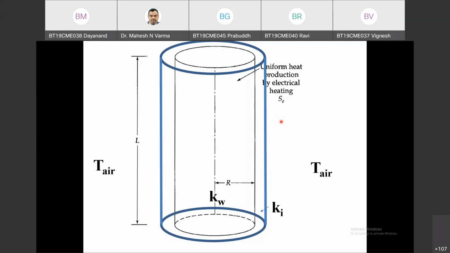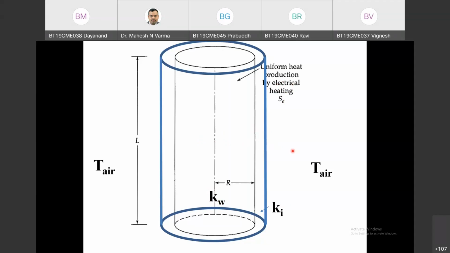Similarly, in heat transfer, if you have two materials having different thermal conductivity, even though this is solid and this is also solid, these are two phases for heat transfer because the thermal conductivity of this material and this material is different. So you need to write a shell balance equation for this phase where there is no heat generation, and a shell balance equation for this phase where there is heat generation. Here heat generation is 0. Here heat generation is S_e. So this is one phase and this is another phase, a two phase problem.